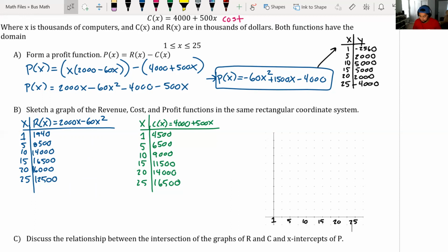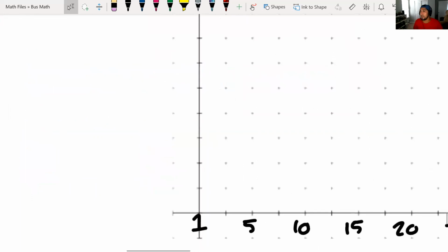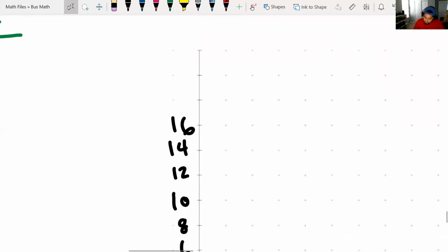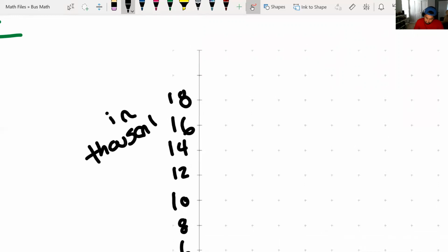That's easy. Don't even worry about negative stuff, because for our business model, we should only have positive numbers. So I'll show you how to graph it. Okay, so 2, 4, 6, 8, 10, 12, 14, 16, 18. And this is in thousands.